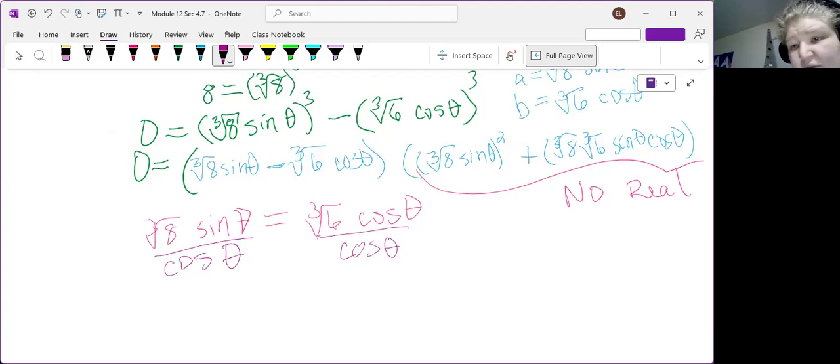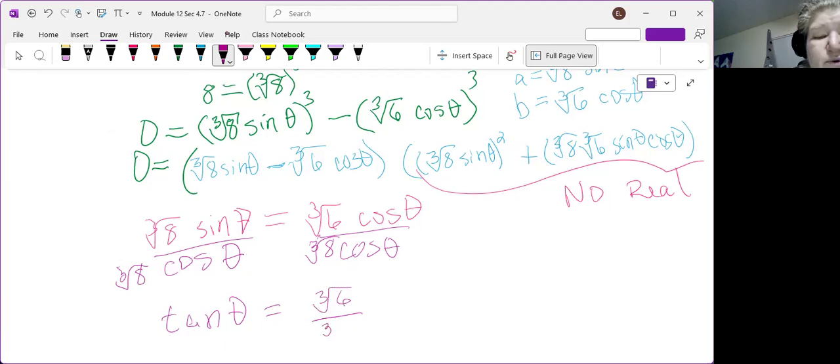And since I'm going to trade that out for tangent, I want that cube root of 8 to not be on that side anymore. So I'm also going to divide by it on both sides. So I now have just the tangent of theta is equal to the cube root of 6 over the cube root of 8, which we could actually write as the cube root of 6/8, which does reduce to 3/4, whatever.